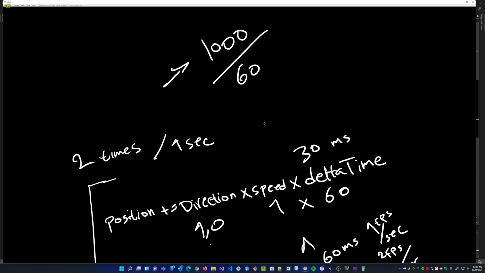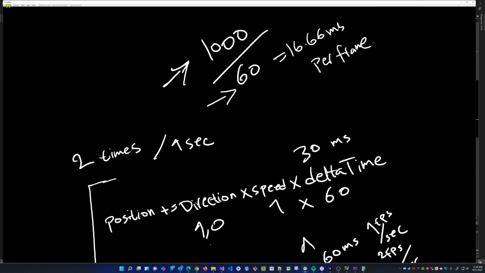So basically, if I do 1,000 divided by 60, I'm saying my frame rate is 60 right now, and I would like to find out how long one frame takes. So you divide these two and you get 16.666 milliseconds per frame.